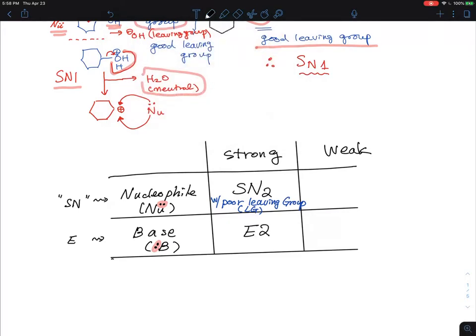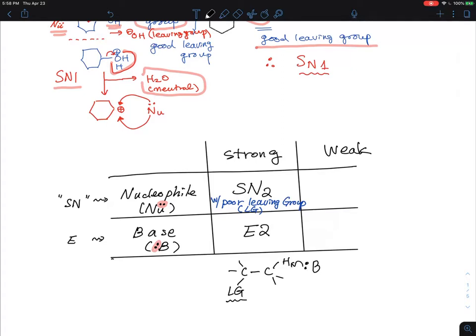So the E2 mechanism is going to happen. Let's say we have a carbon here, and hydrogen, and this is a leaving group, and there are other bonds. Because of this leaving group, whether it's good or poor, typically with a poor leaving group you have to use a very strong base to trigger the abstraction.